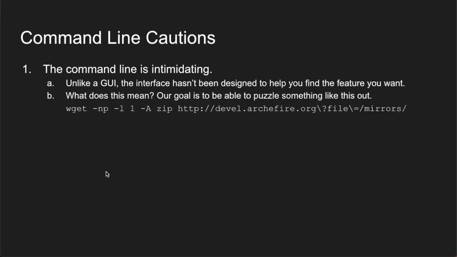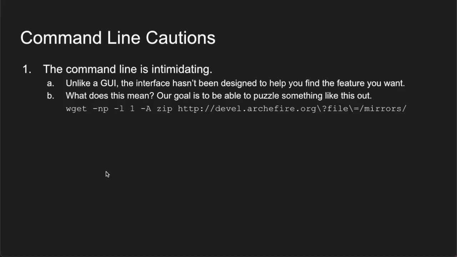It has some dashes, it has a number, some letters, a URL in it, wget, whatever in the world that is. This might look very arcane, but within a day or two of using some commands, you will very quickly start picking out what different portions of this could do. You'll have some resources that allow you to figure out what those specific things mean.